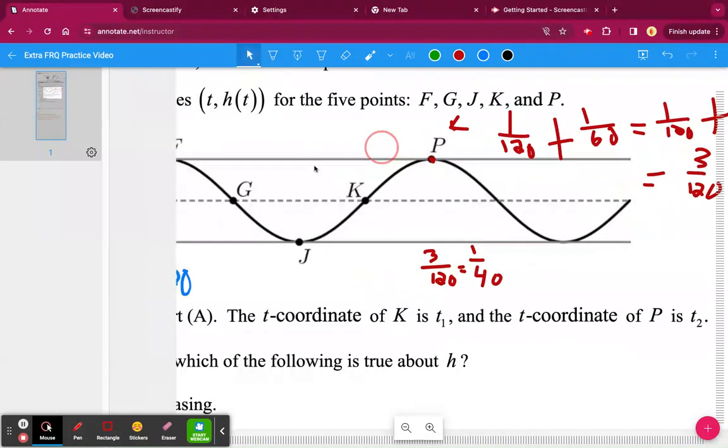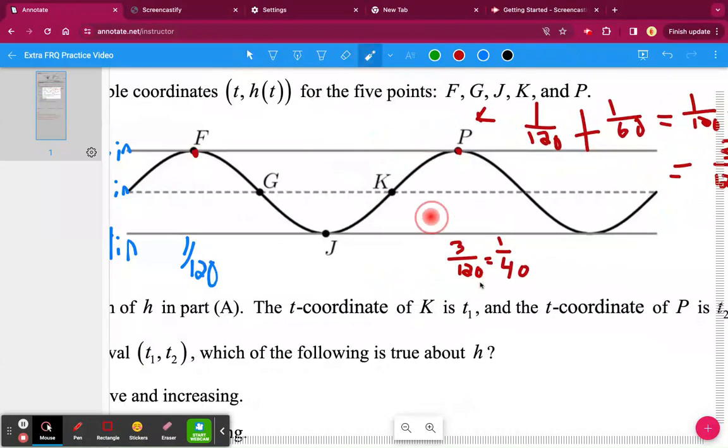But I like to have this unsimplified form here, because halfway between 1 over 120 and 3 over 120, that's how I find J, because it's the halfway point. Halfway between 1 and 3 is 2 over 120, which is the same thing as 1 over 60.